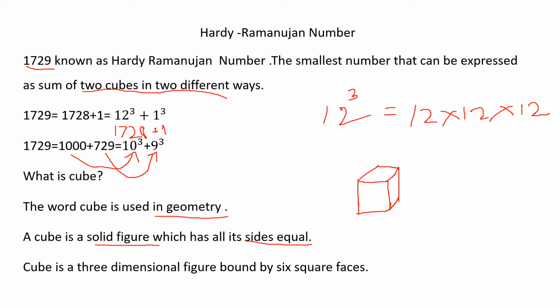And a cube is a three-dimensional figure bounded by six square faces. You have learned about two-dimensional figures and three-dimensional figures, right? So here a cube is a three-dimensional figure and it has six square faces.